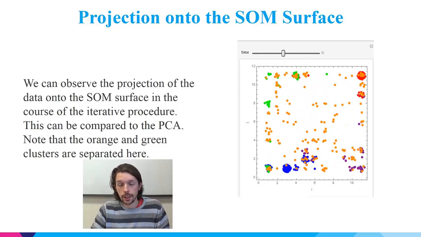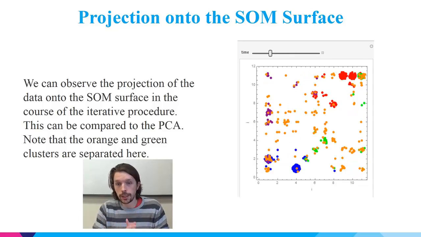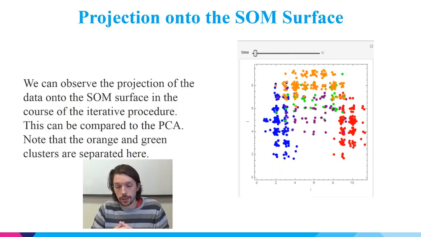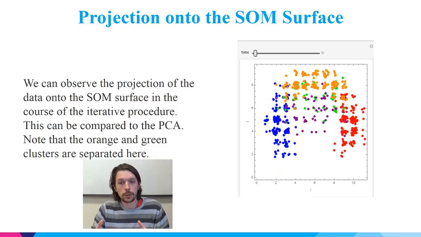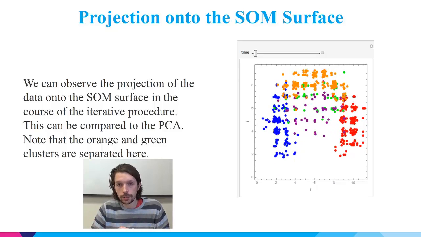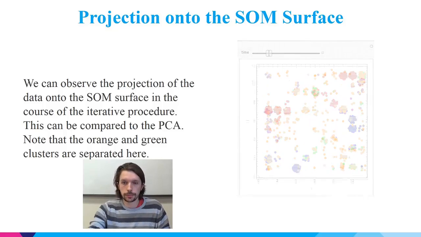And in this case, the red and the orange clusters are no longer flattened into each other. They are very clearly separated. This illustrates one of the advantages of this approach when your data is strongly nonlinear. This is a limitation of the principal component analysis approach.